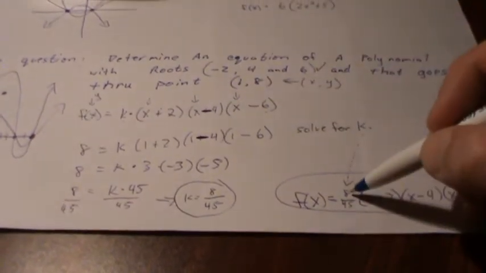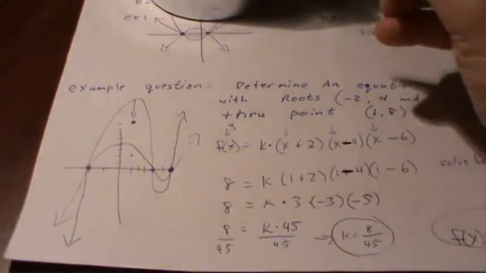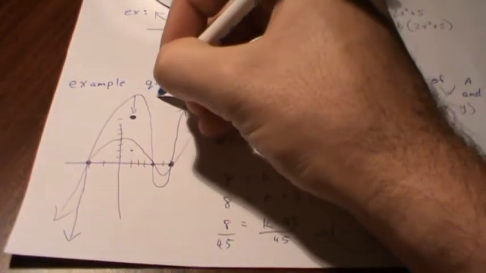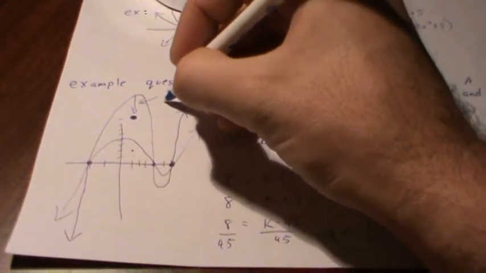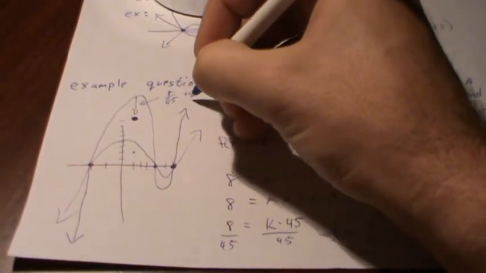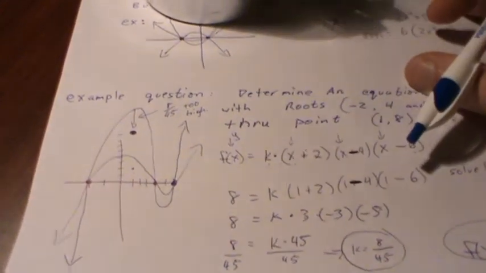And what we actually needed to do is multiply it by 8/45 to compress it so that this point would actually arrive at 8. So I was actually 8/45 too high on my original graph.